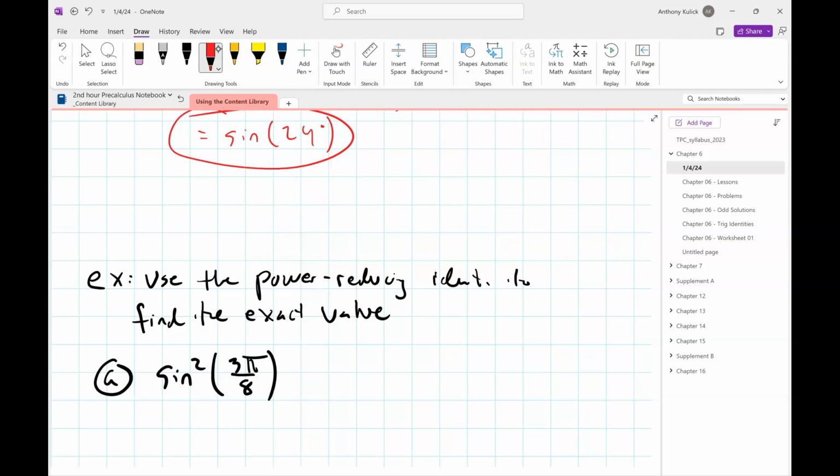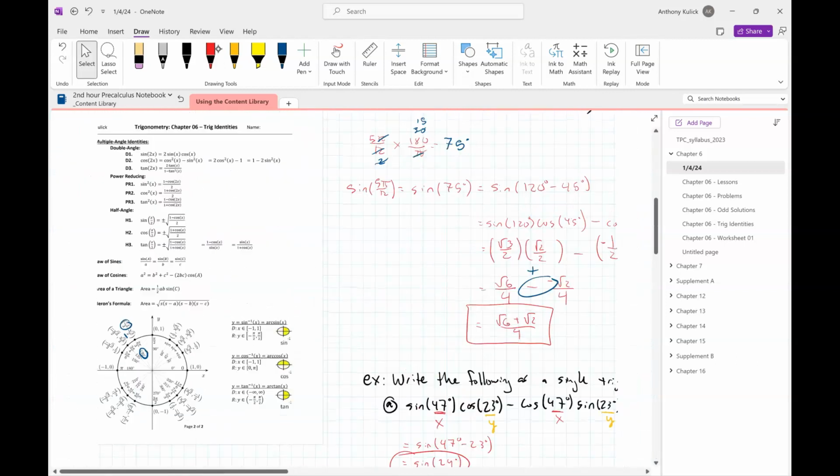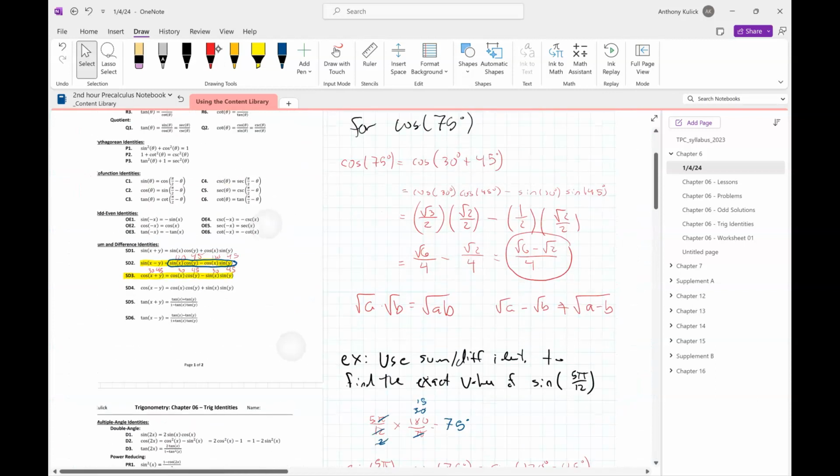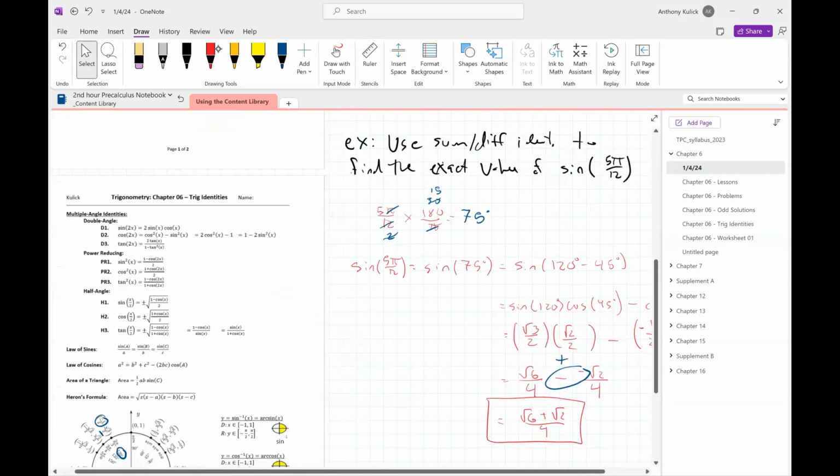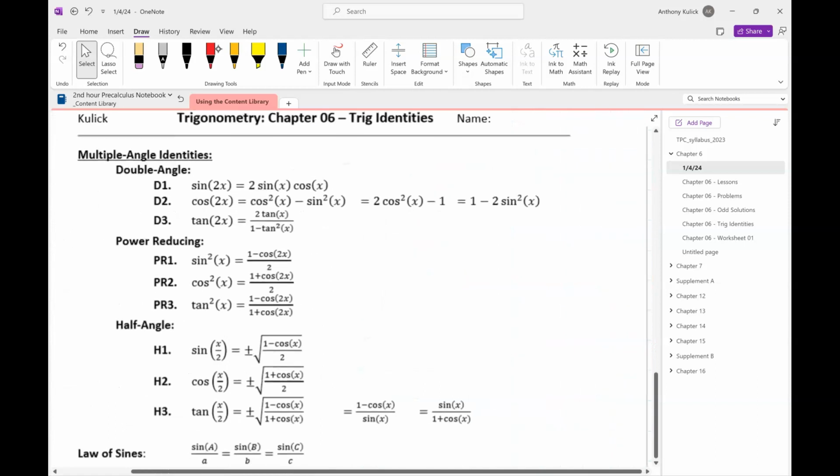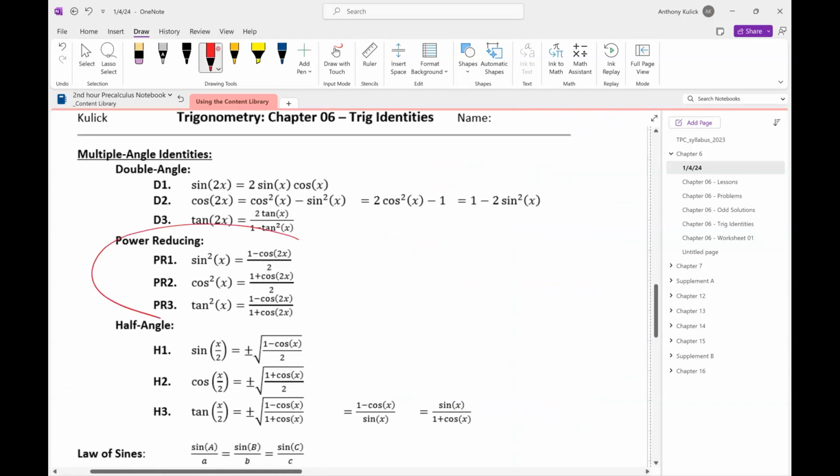So what I'm going to do is I'm going to go look at my power reducing identities on my sheet. So that's these ones right here. And I'm going to be looking at the one for sine squared.